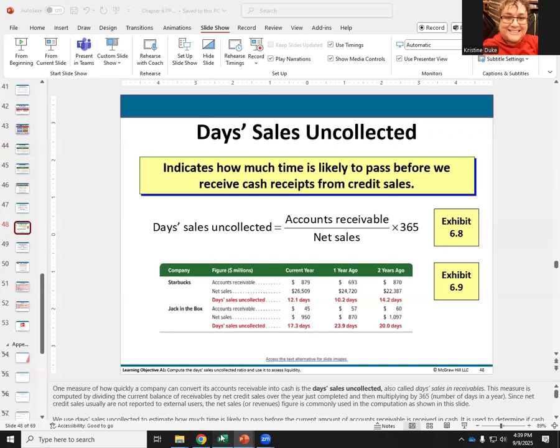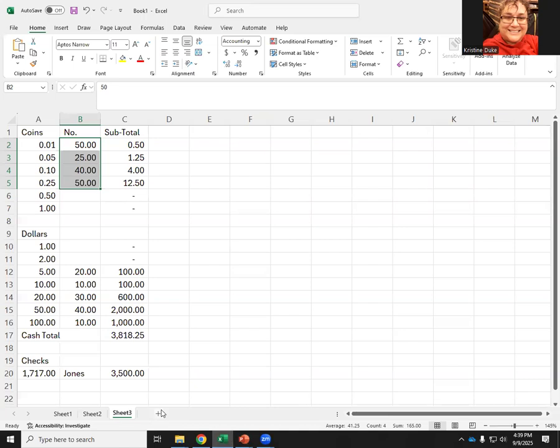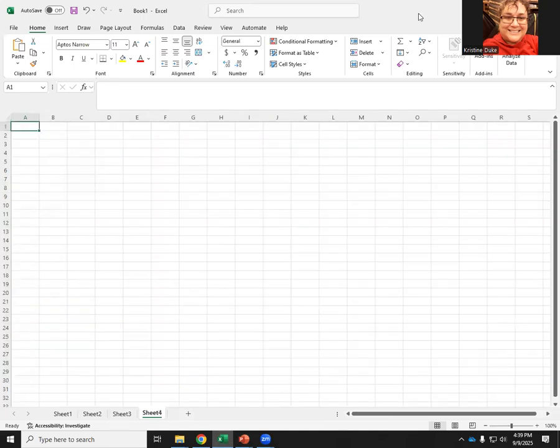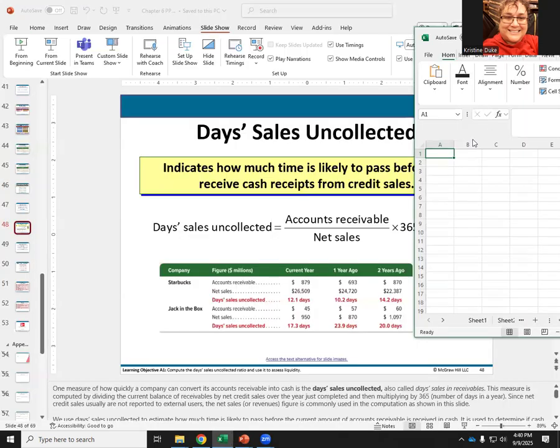I'm going to do it the way I've been taught. You can do it however you want to. I don't mind. So I'm going to go my beginning accounts receivable, my ending accounts receivable, my average accounts receivable, and there's my sales.